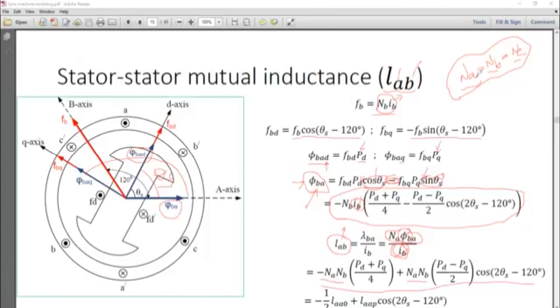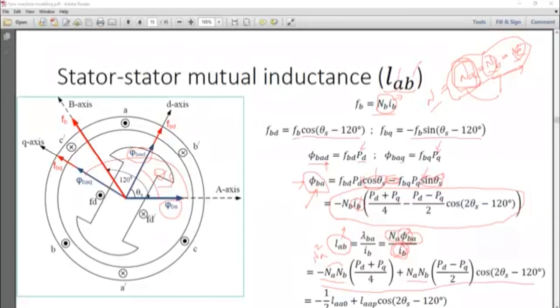Of course, 120 degrees out of phase, but the magnitude of the voltage depends on the number of turns. So we assume that NA equals NB equals NC. In that manner, we can say this is same as NA squared, or N squared. We can also use simply N. So now you see it is N squared PD plus PQ over 4. So you have minus NA squared PD plus PQ over 4.